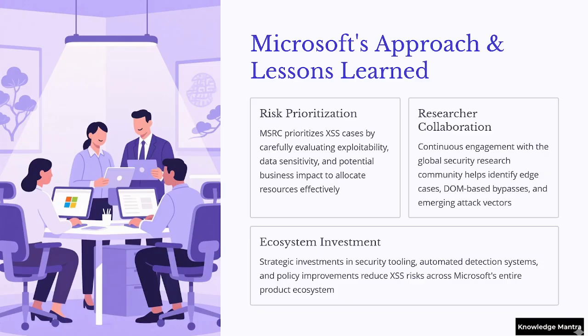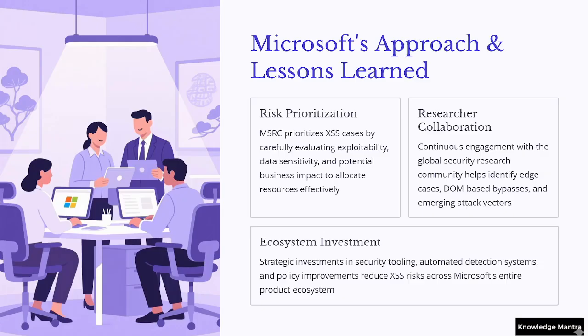Microsoft faces thousands of bug reports every year, and yet it's one of the most secure ecosystems on the planet. Why? Because they don't just fix problems, they engineer prevention. Let's see their first step: risk prioritization.